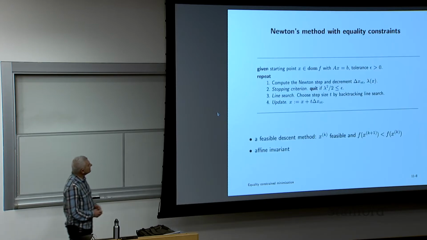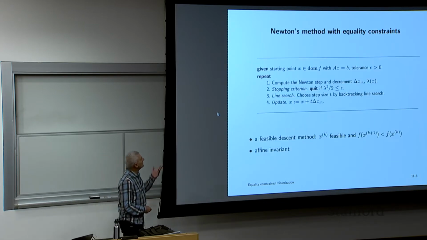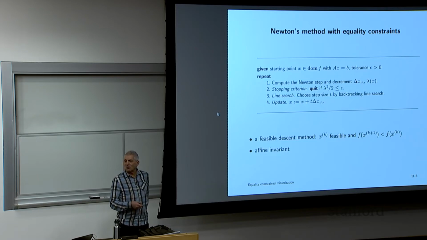And now we get Newton's method. So here it is. You start with something that's feasible, so Ax equals b and x is in the domain. And you compute the Newton step and decrement. You stop. Otherwise, you do a line search by backtracking and then you update. Actually, you might ask, how is this algorithm different from Newton's method without equality constraints?